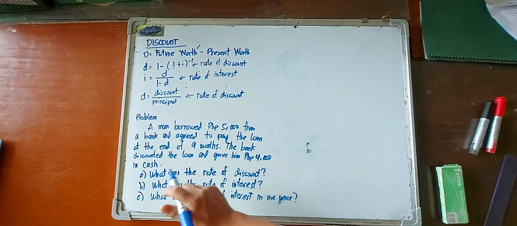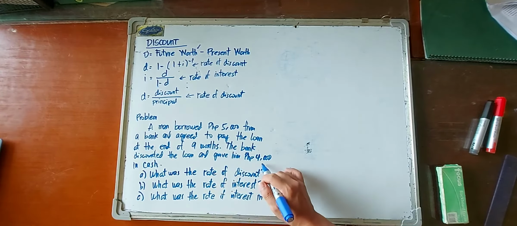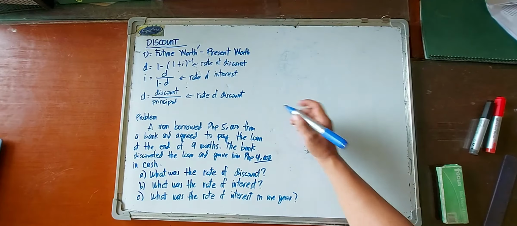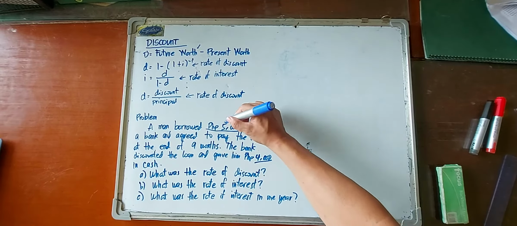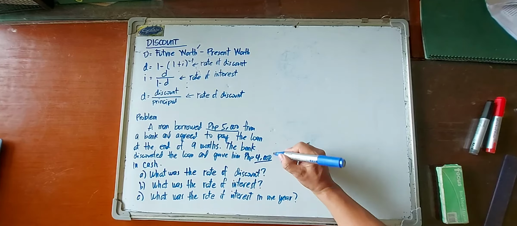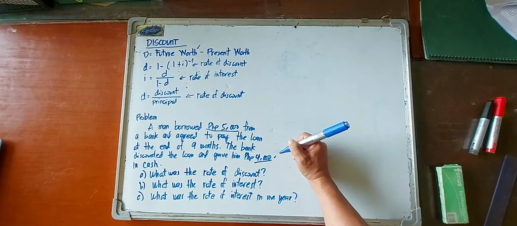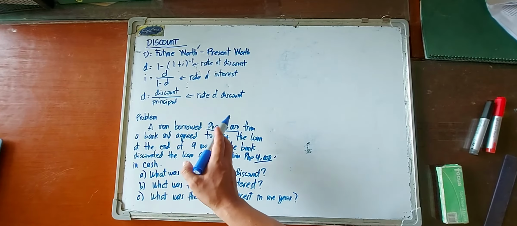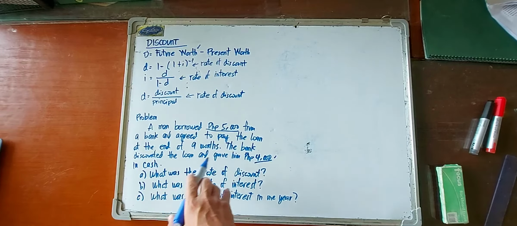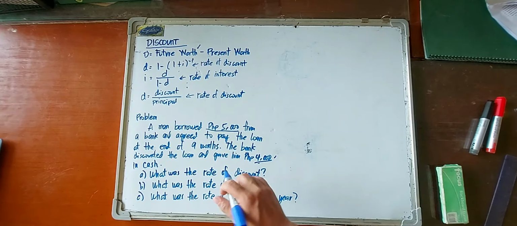The bank discounted the loan and gave him 4,000 in cash. So 5,000 yung hiniram niya, and binigyan siya ng 4,000. So ang discount niya of course is the difference between the borrowed amount and the received amount.